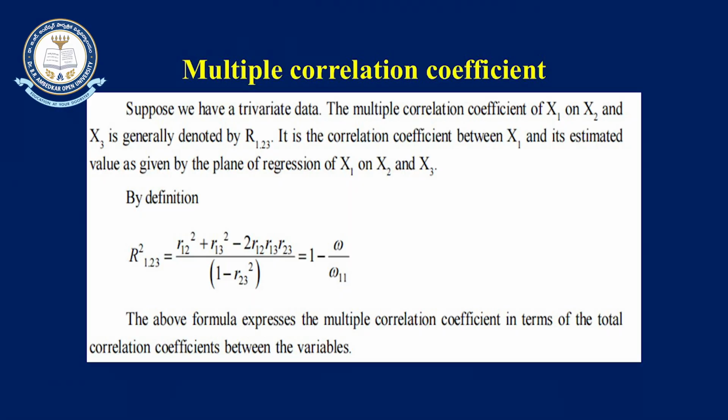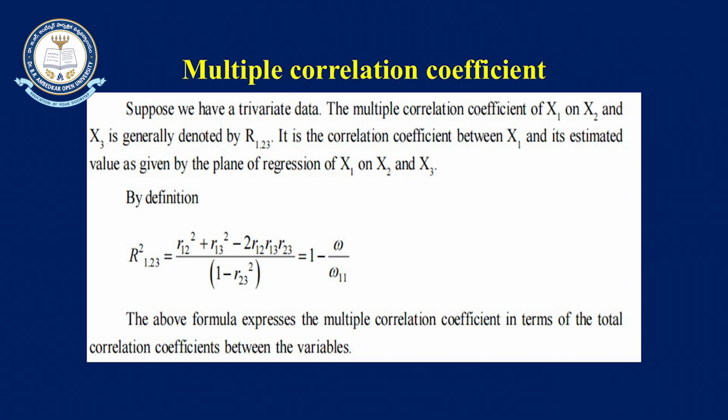Next, the multiple correlation coefficient identification. Suppose we have trivariate data. The multiple correlation coefficient of x1 on x2 and x3 is denoted by R1.23. It is the correlation coefficient between x1 and its estimated value given by the plane of regression of x1 on x2 and x3.